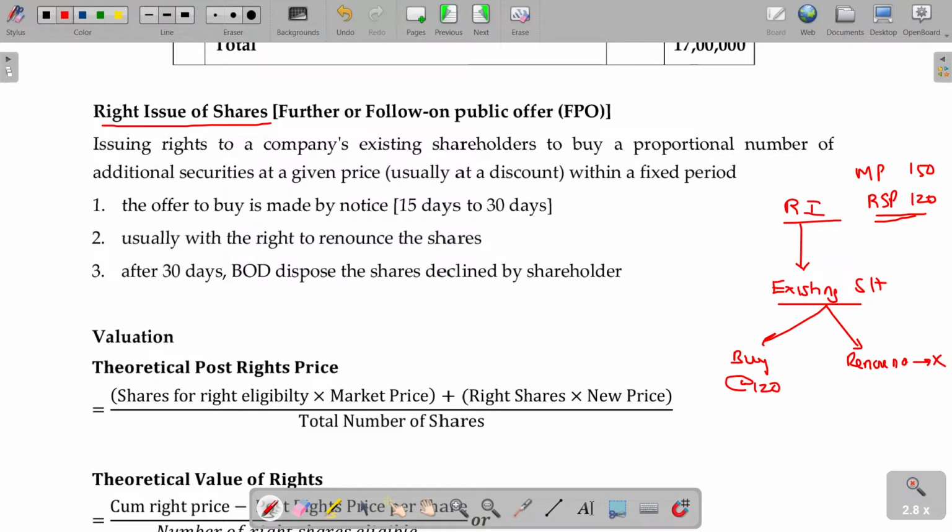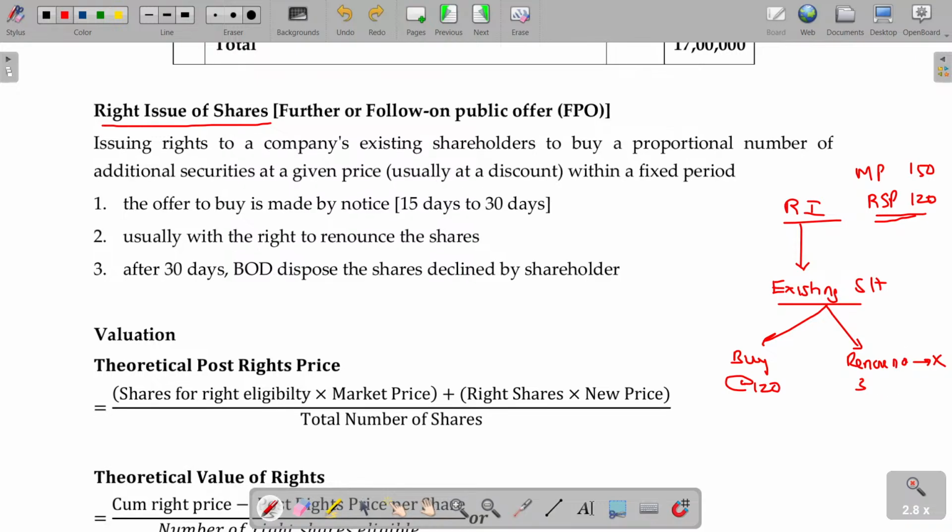What can I do? I can give the coupon to somebody else. He can go and purchase. That concept is called renouncing the right share. While renouncing, transferring the coupon is not free. Give me some price. So he demands, give me 30 rupees, sir. Now X gets the right from this shareholder for a price of 30 rupees.